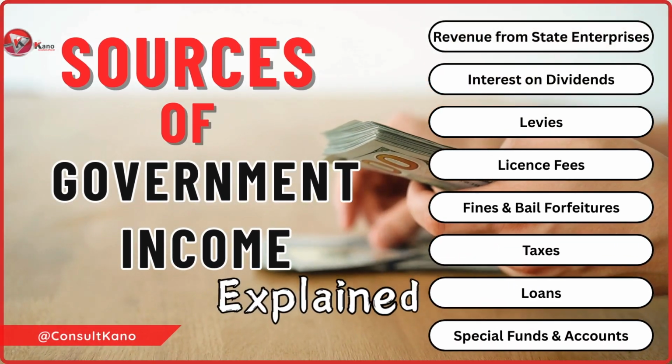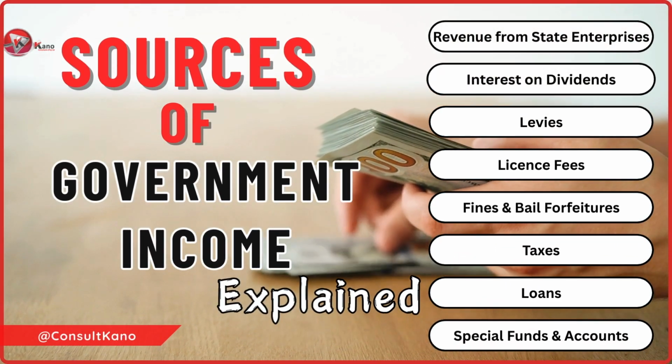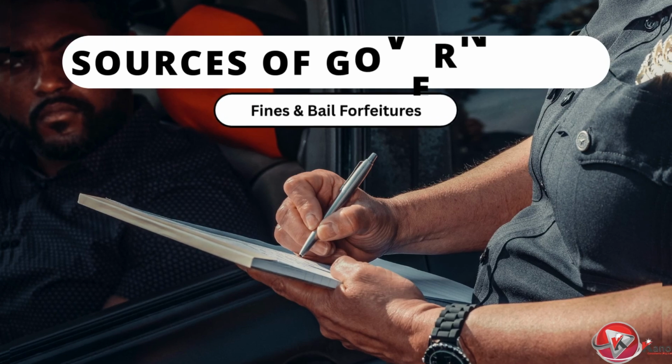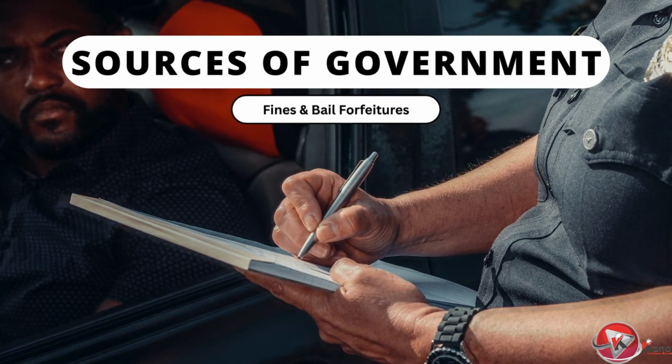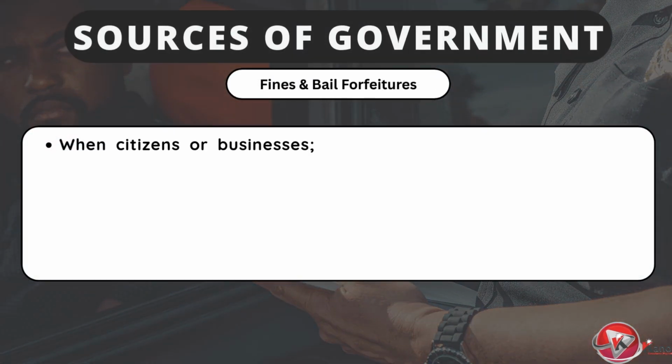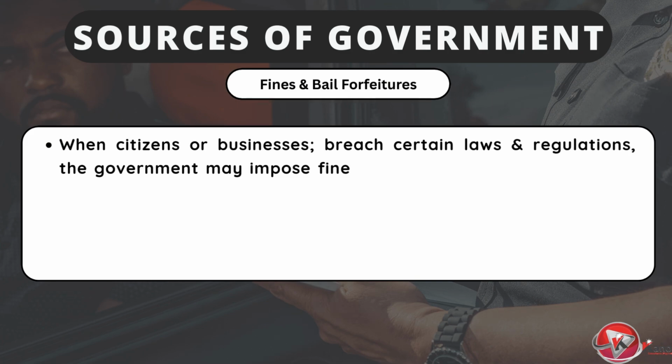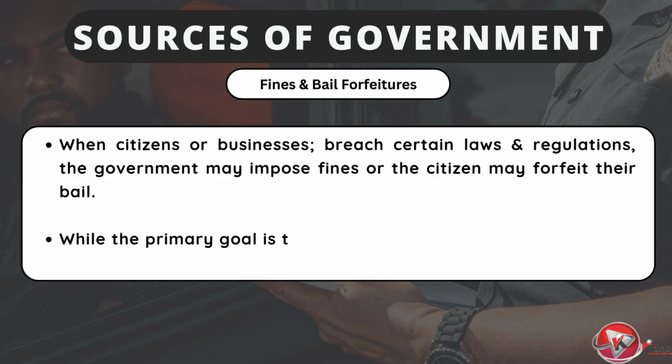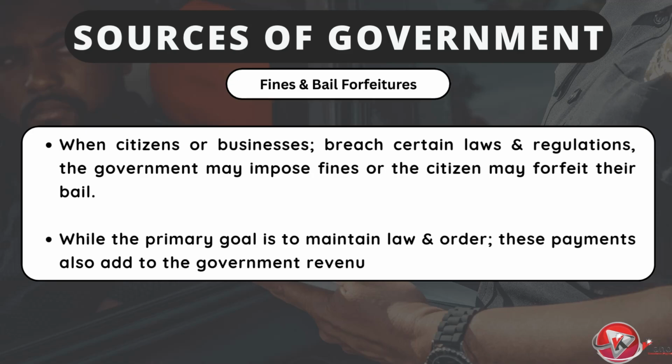Let's now get back to the rest of the sources of government revenue by discussing revenue earned through fines and bail forfeitures. When citizens or businesses breach certain laws and regulations, the government may impose fines, or the citizen may forfeit their bail. While the primary goal is to maintain law and order, these payments also add to the government revenue.